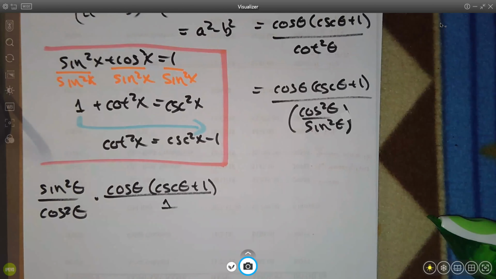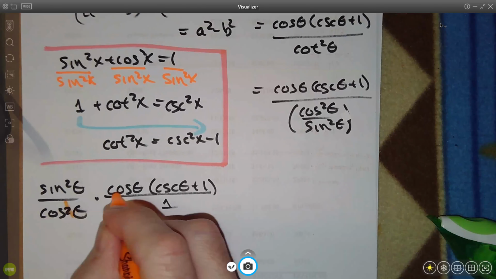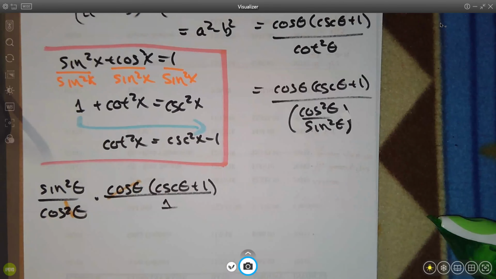Can you see some cancellation? Is there anything I can cancel? Yeah, let's cancel one of the cosines. So get rid of that and that. Not much else is going to cancel.